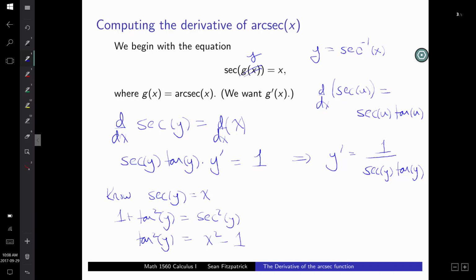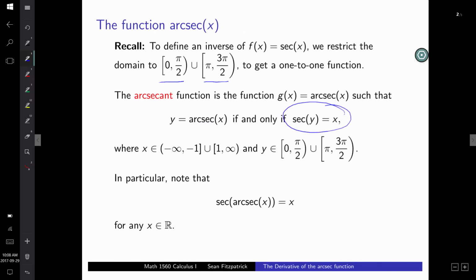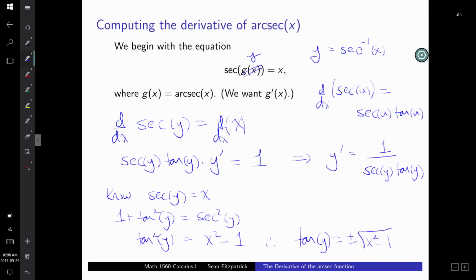And so again, if I want to calculate tan, I have to take square roots, and initially I have to take either a plus or a minus. What you have to be careful about here is that if you had defined things differently, if I had taken angles between minus pi over 2 and pi, rather than going from pi to 3 pi over 2, then when we're in the first quadrant, secant and tan are both positive and everything is okay.